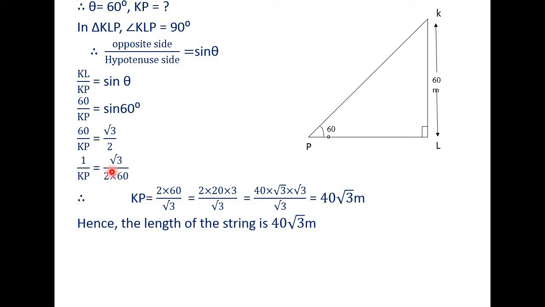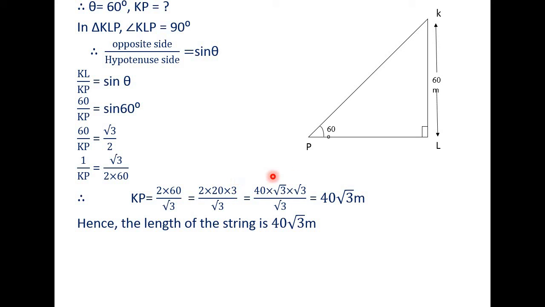We transpose 2 into 60 to the numerator and root 3 to the denominator. 2 into 60 is 120, and 120 divided by root 3 is 40 into 3 divided by root 3.